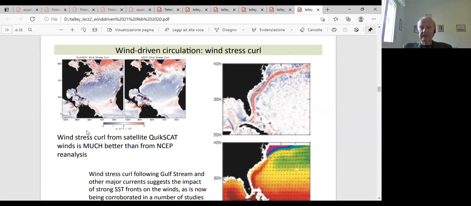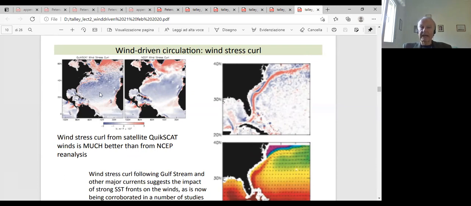Here, let's see the wind stress curl from satellite, because we are able to measure the wind stress or wind velocity directly from satellite, which has a very high spatial resolution, similar to sea level. And you can see that the negative wind stress curl is in the part where there is the subtropical gyre.